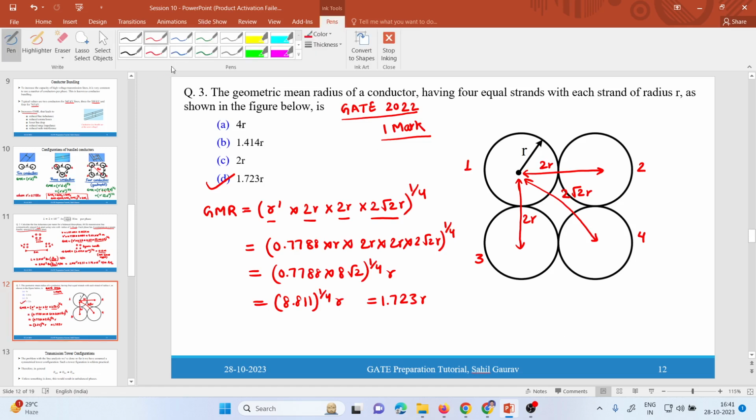We use Aluminum Conductor Steel Reinforced in high voltage transmission lines. That is not a coated conductor; it is Aluminum Conductor Steel Reinforced.